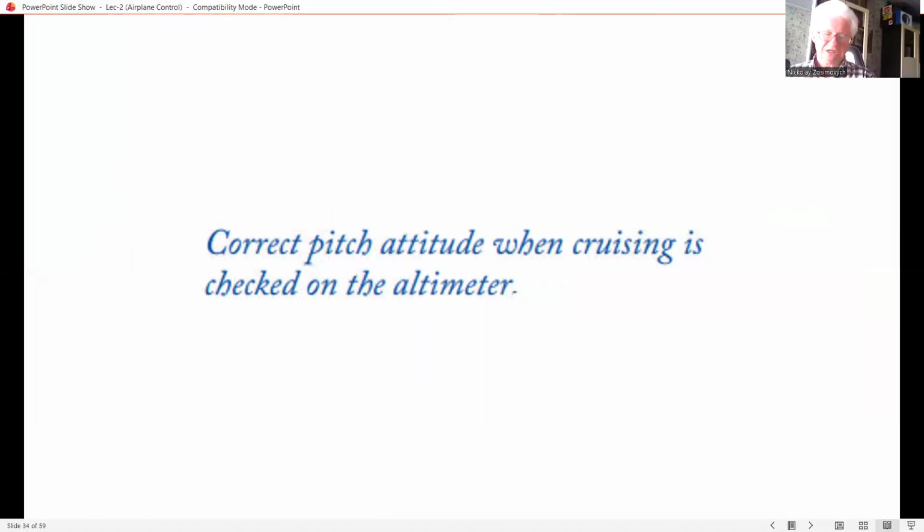Approaching the desired cruise attitude, however, more attention should be paid to the altimeter to ensure that as pitch attitude is lowered on the AI, the airplane levels off right on the desired altitude.